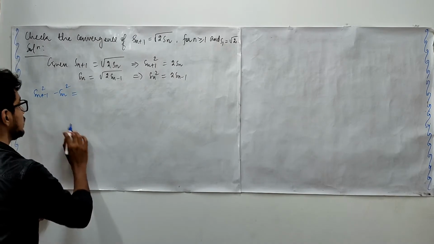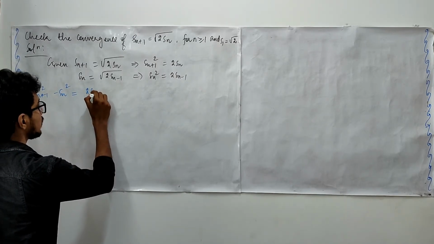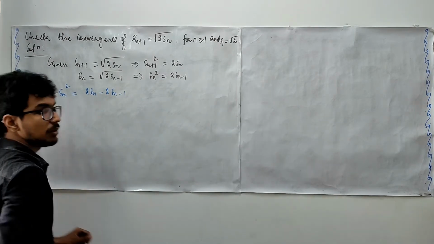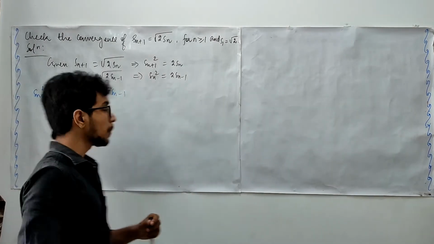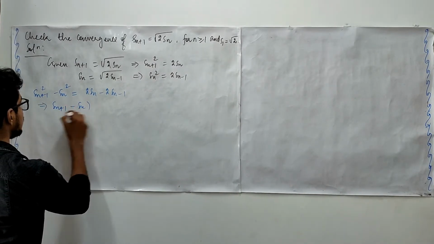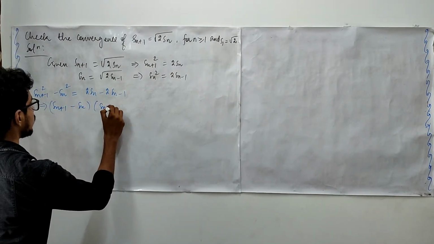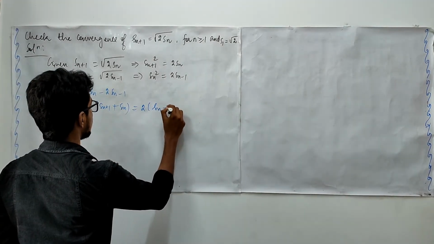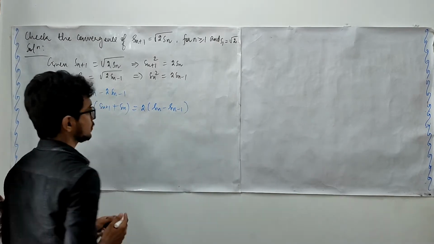So here, instead of checking this, actually we are going to check this, for which we are considering this, and this is going to be what? 2 times of Sn minus 2 times of Sn minus 1. This is in the form of a square minus b square. Hence, it may be written as Sn plus 1 minus Sn times of Sn plus 1 plus Sn, and which is 2 times of Sn minus Sn minus 1.